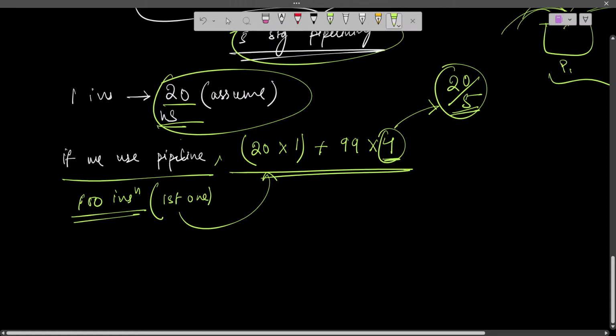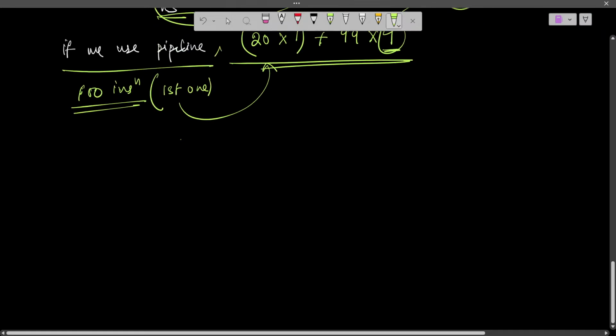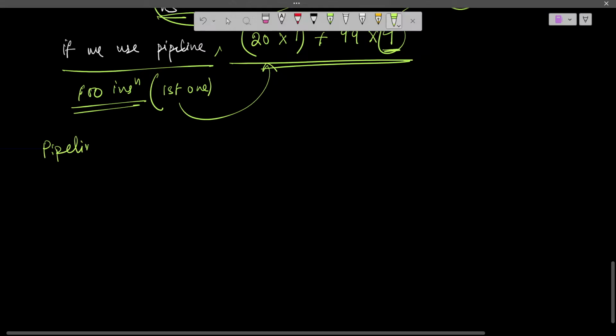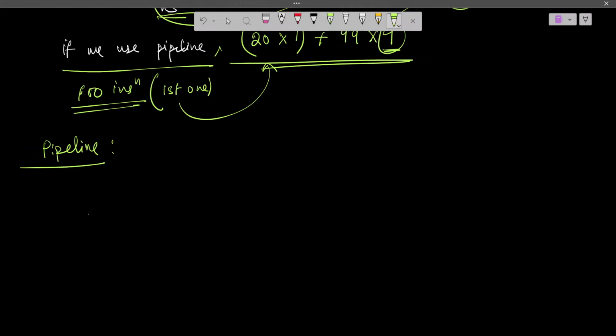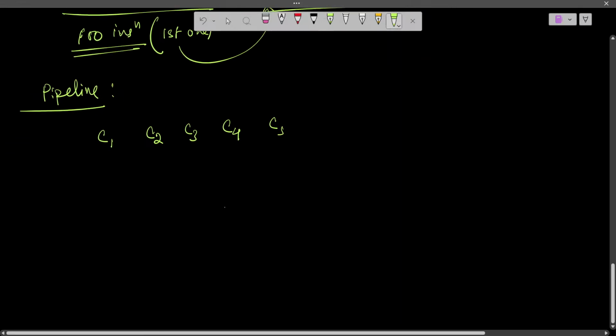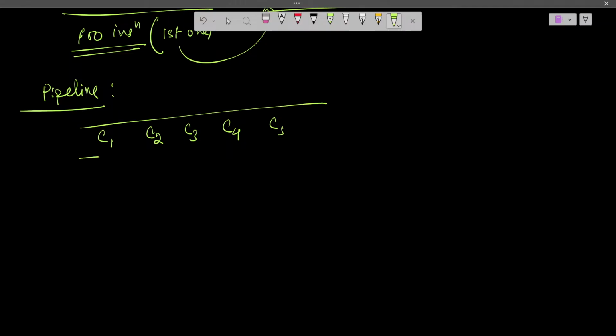Okay, so let's take a 5-stage pipeline: C1, C2, C3, C4, C5. Let's just take 5 stages first. This is how we visualize pipelining.